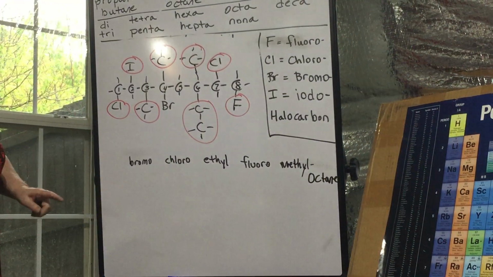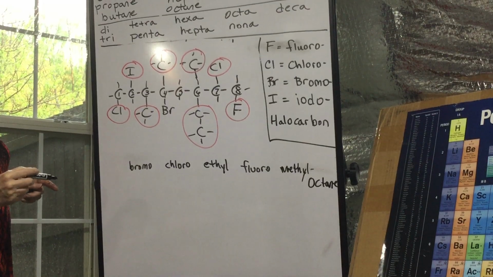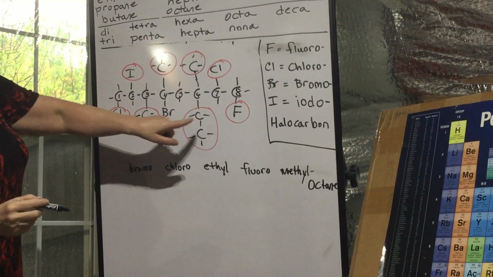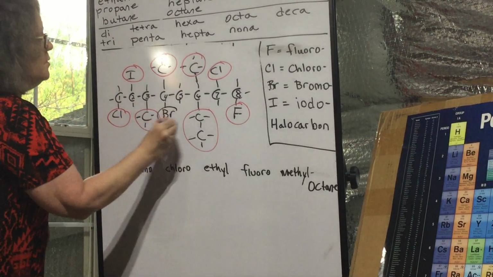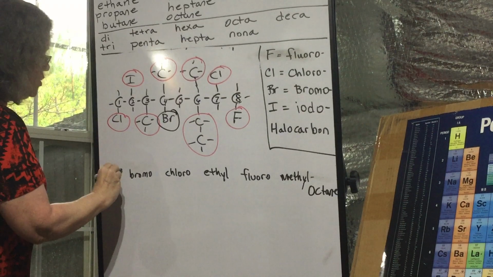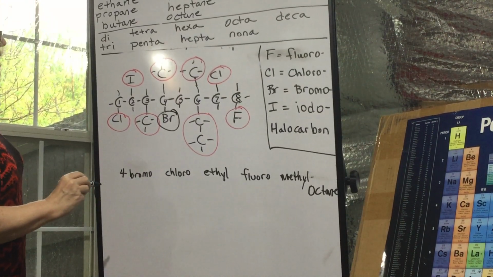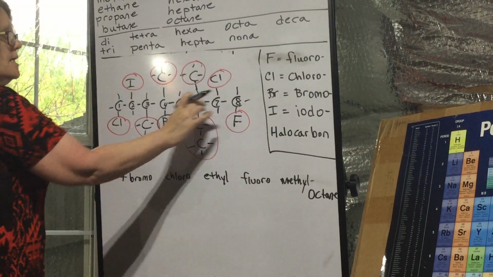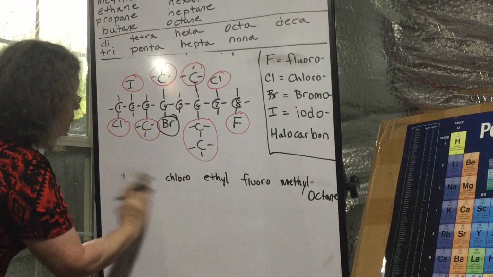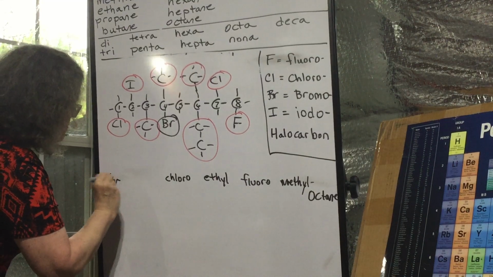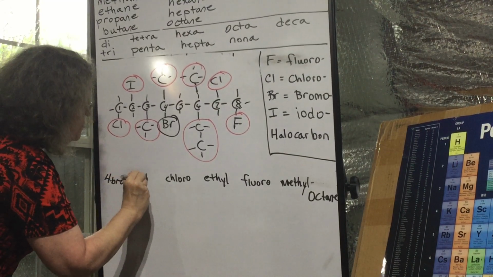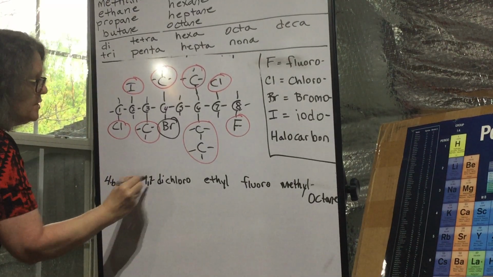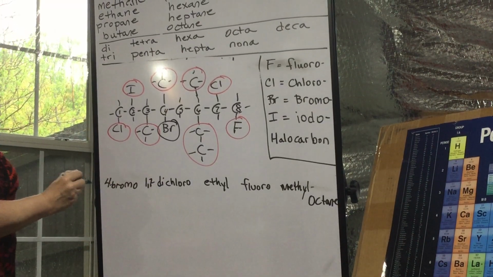Now we need to put in the numbers and how many. How many bromos? Let's start with bromos. We have 1 bromo here. Where is it? It's 4-bromo. There's only 1. How many chloros? 2 chloro, so they're 1,7-dichloro. Remember, 1 and 7 are positions.